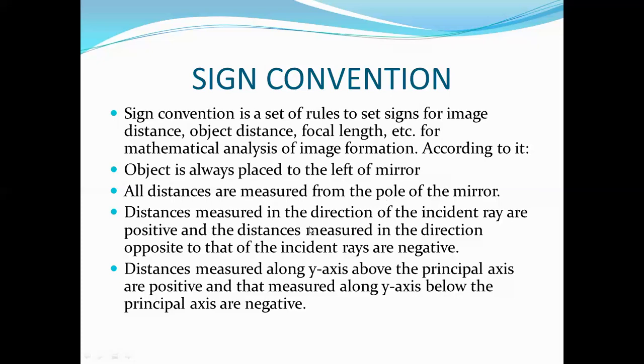And if we go along the direction of the incident ray, the measurement is taken to be positive. Distance measured along the y-axis, meaning above the principal axis, is taken as positive, and distance measured below the principal axis is taken as negative.